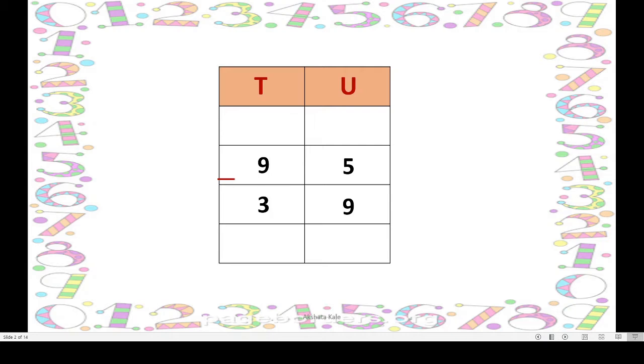Now you know that we always begin our subtraction from unit place, isn't it? Here 5 minus 9, it is not possible. So 5 is disappointed and worried. So it borrows from 9. It wants the help of 9.